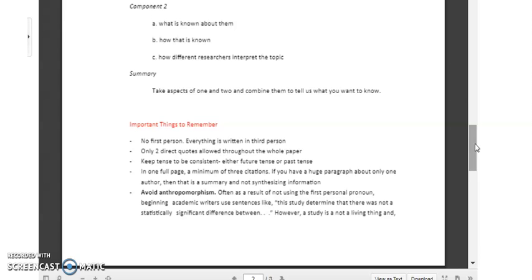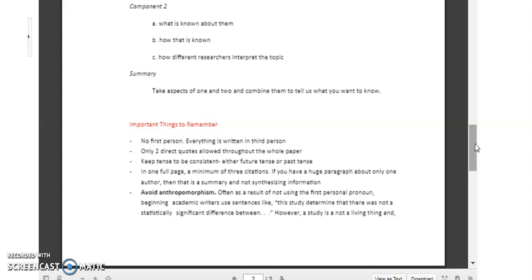In one full paper, to give you an understanding of what is meant by synthesis versus summary: if you have a paragraph in which you're only talking about one article, the results of one article and things like that, that's called a summary of the articles. It's not called synthesis. A synthesis is when you have a key idea and you put there all the articles or all the authors that have said that.